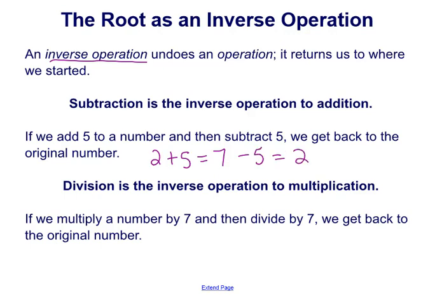We also know that division is the inverse operation to multiplication. If we multiply a number by 7 and then divide by 7, we get back to the original number. So now let's multiply 2 times 7 equals 14, but then if we divide by 7, we get right back to 2. Inverses have that special property.